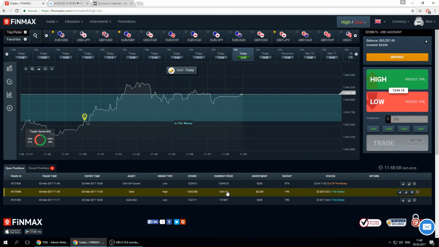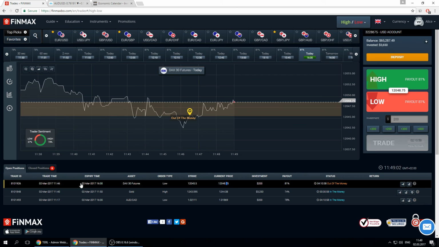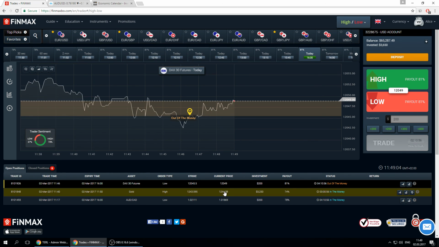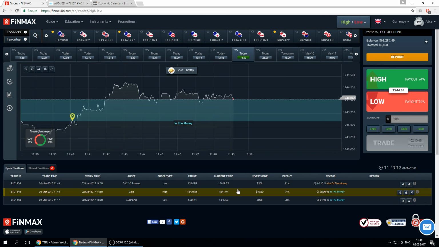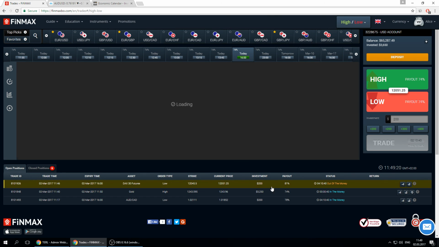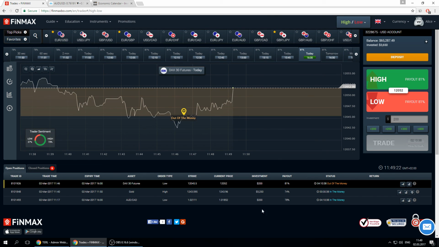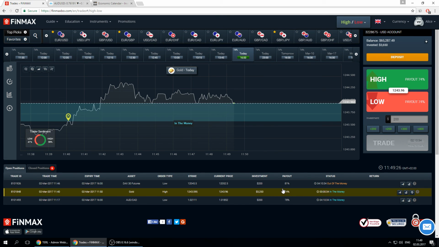So let's wait 1 more minute and see the results of my trade. So right now what do we have? One trade for Australian for low, one trade for gold for up, that's number 3 in the sequence, and also the trade for DAX for low, which will also expire in 4 hours.